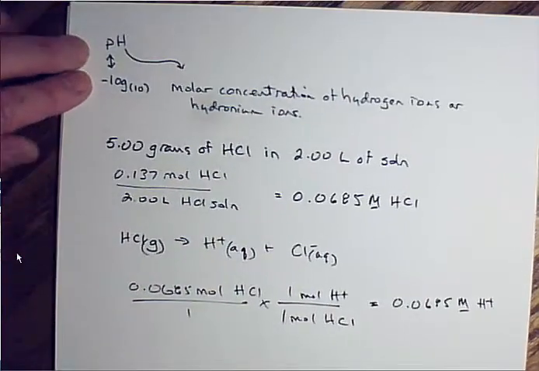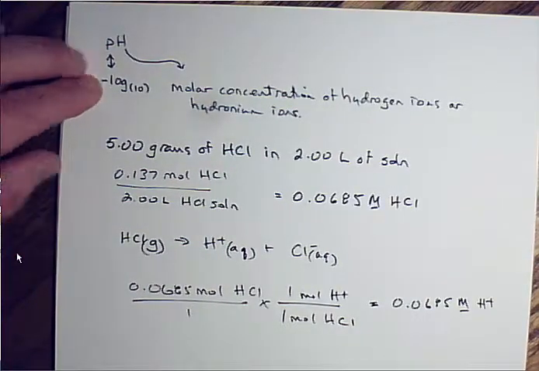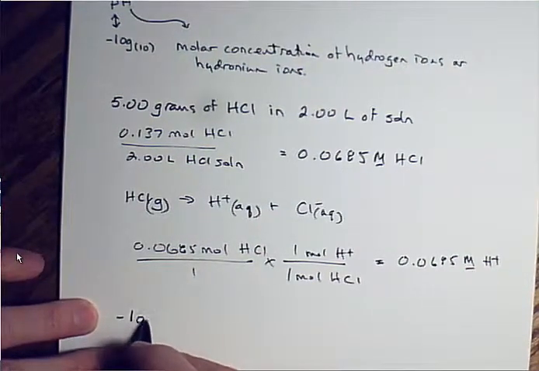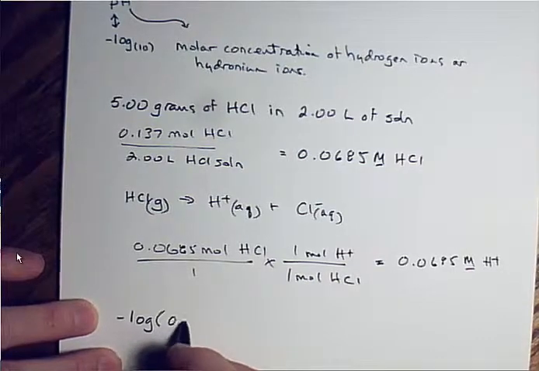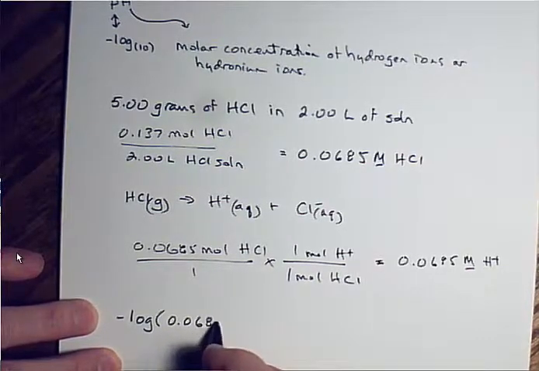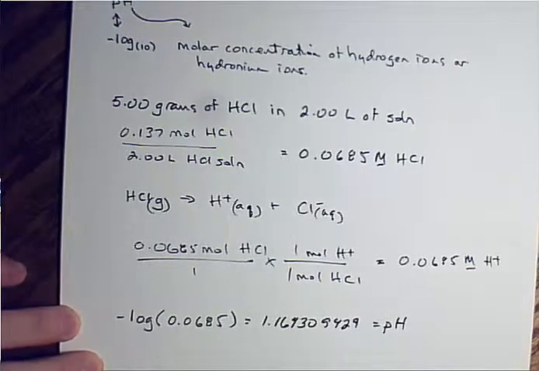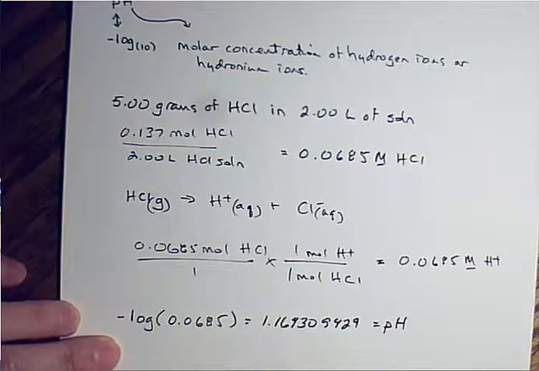All right then. pH is the negative logarithm of this molar concentration. Negative logarithm of 0.0685. And what's the pH going to be? All right, so when I take the negative logarithm of this number, I get this.